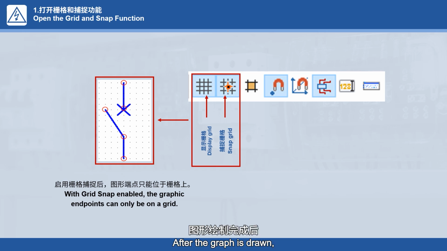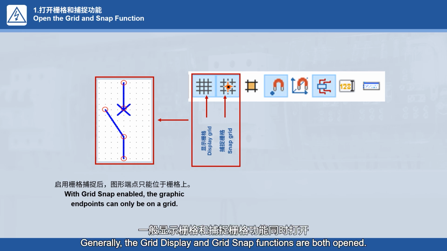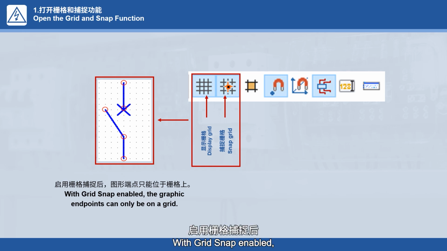After the graph is drawn, the grid display function can be closed. Generally, the grid display and grid snap functions are both opened. With grid snap enabled, the graphic endpoints can only be on a grid.